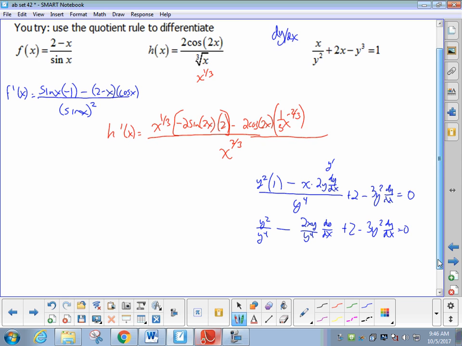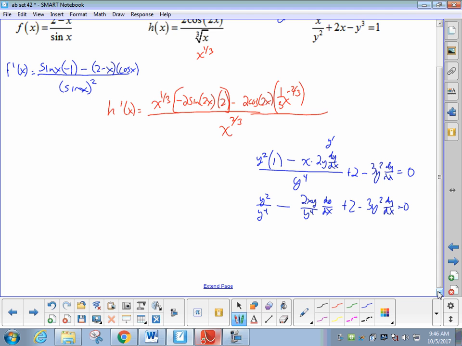Then it's more like we've done before with a sum of many terms. So let's gather the dy dx's and do a little simple reducing if possible. This negative 2xy over y to the 4th. Reduce it a little, please.